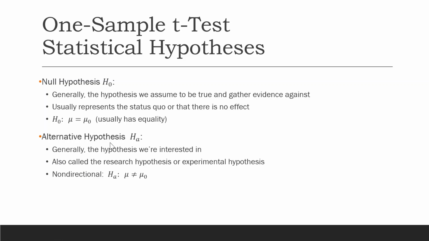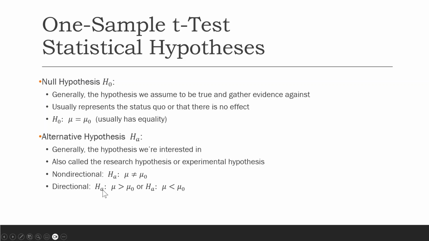One is known as a non-directional alternative hypothesis, and the other is known as a directional alternative hypothesis. If I am interested in testing whether my mean is greater than some value, or if my mean is less than some value, then I have a directional alternative hypothesis.